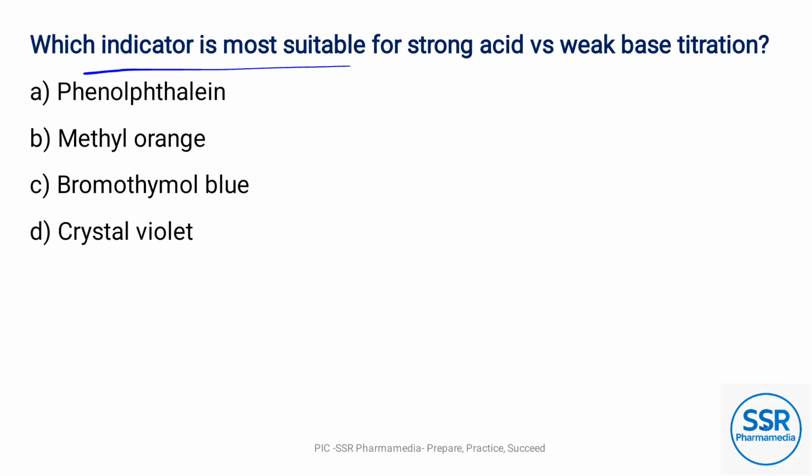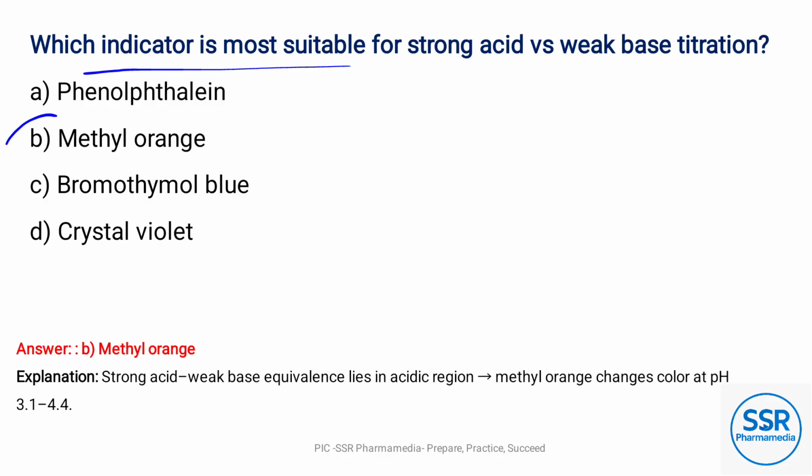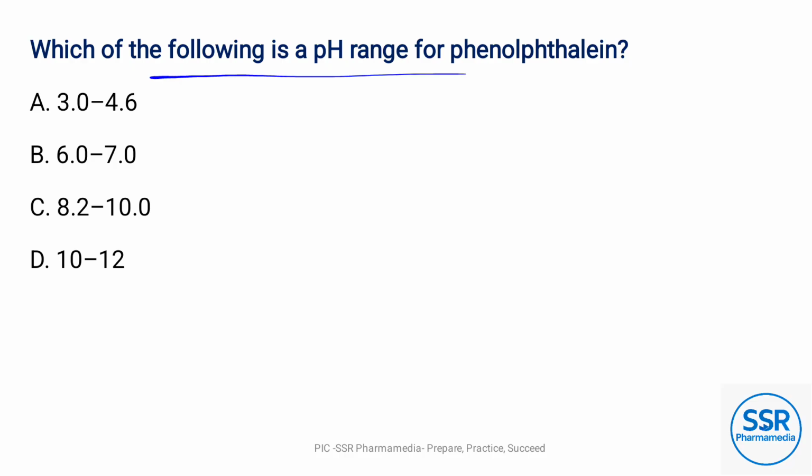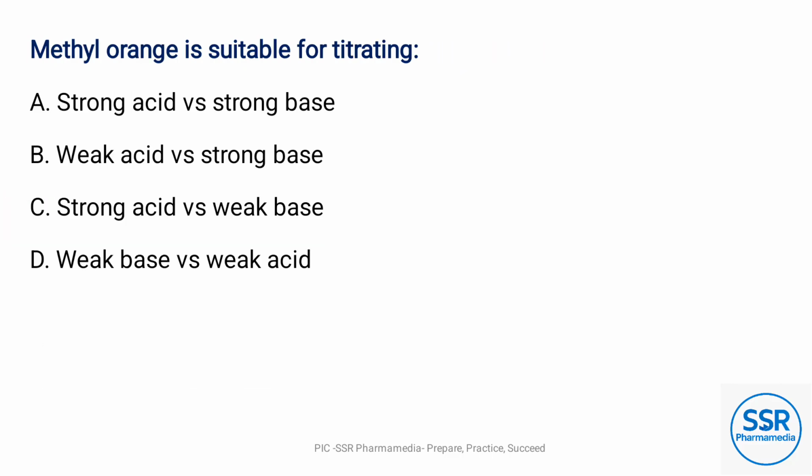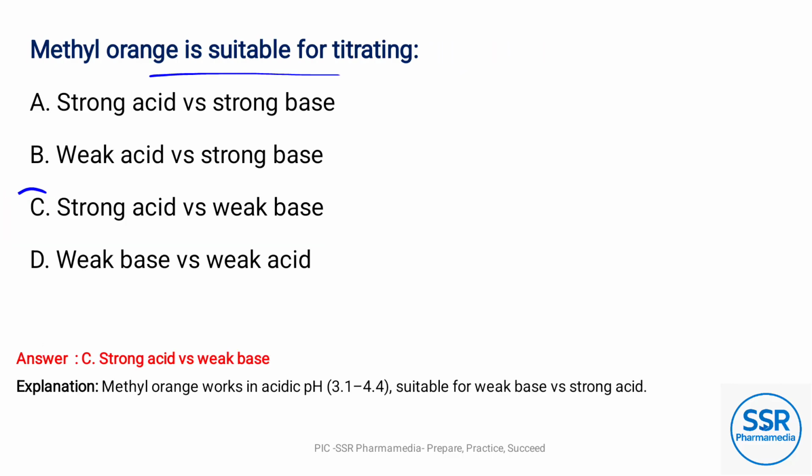Which indicator is most suitable for strong acid versus weak base titration? Option B, methyl orange. Which of the following is the pH range for phenolphthalein? Option C, 8.2 to 10. Methyl orange is suitable for titrating option C, strong acid versus weak base.